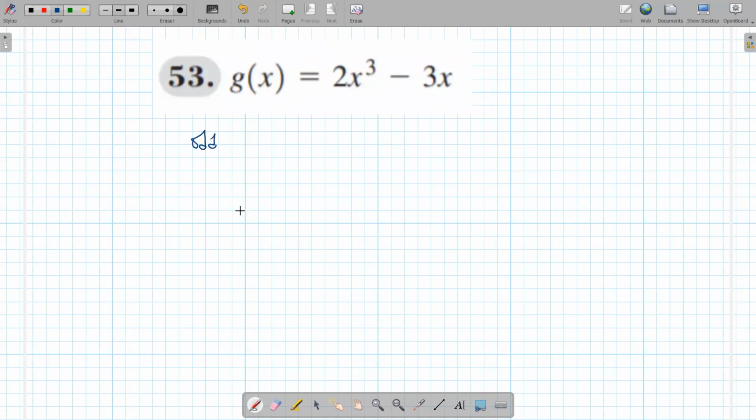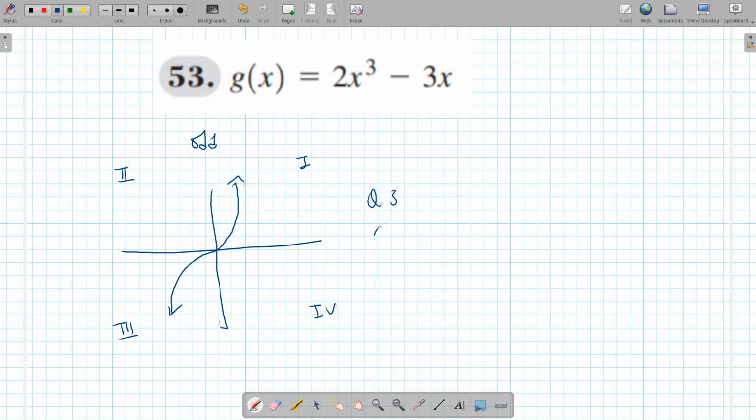For an odd function, let me just write this down. Whatever you have down there, you'll have up here. So think of this as quadrants: quadrant 1, 2, quadrant 3, quadrant 4. For an odd function, quadrant 3 and quadrant 1.